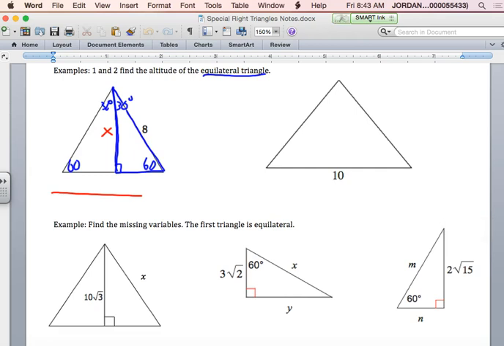So what is our hypotenuse? It's 8. Right, there's the hypotenuse. So we just take it and divide it by 2. 8 divided by 2 is 4. That gives the short leg.